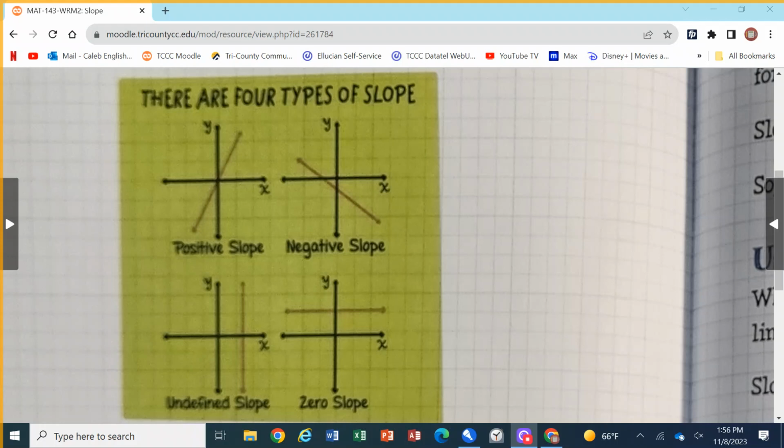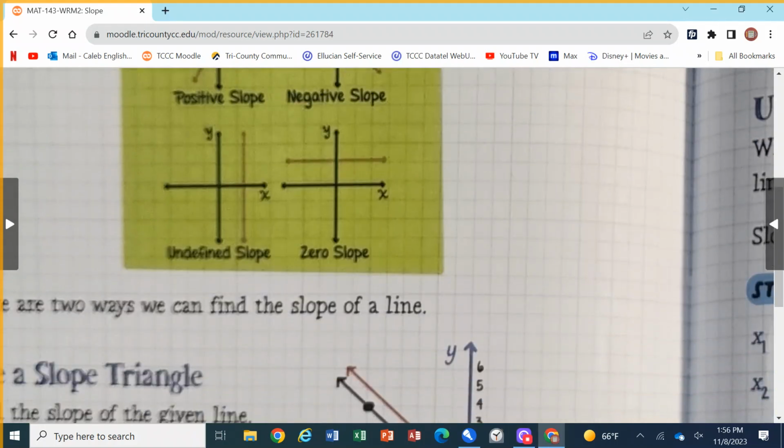What we did not talk about are undefined slopes and zero slopes. We did say with scatter plots that if it's straight up and down or straight horizontal, you would call that no correlation or no relationship, because one of the variables is going to do whatever it wants, and the other one is having absolutely no effect on it.